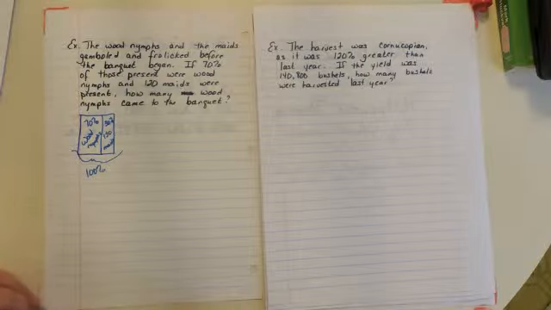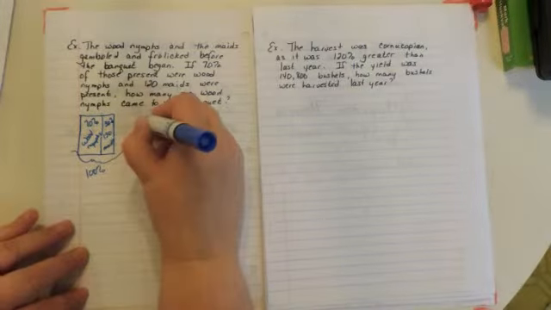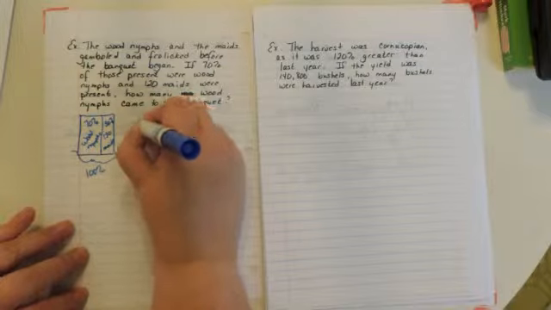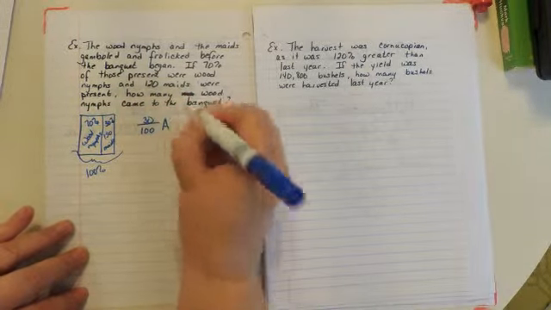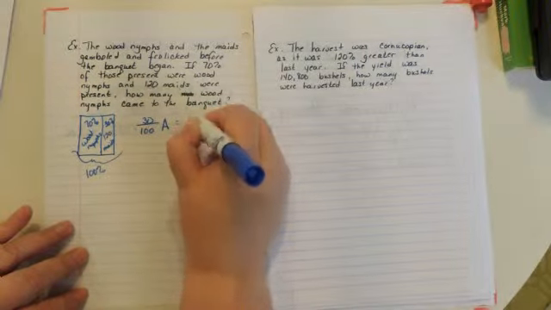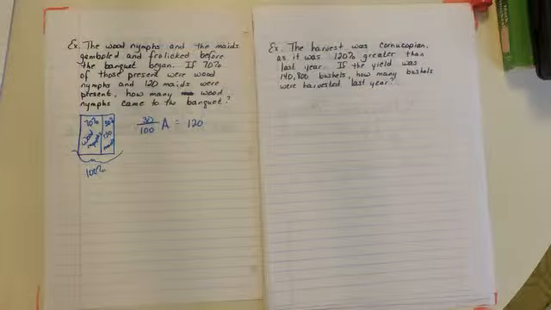Alright, let's keep going. If 70% of the attenders were wood nymphs, that means 30% were maids. So we can say that 30%, which is 30 over 100, of the attenders equals 120. From this, we can find out how many attenders there are.